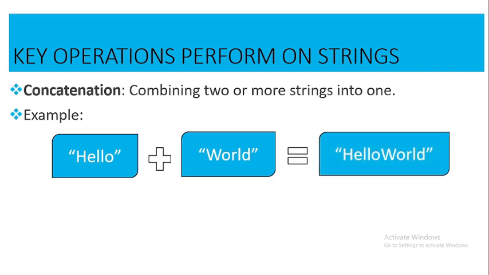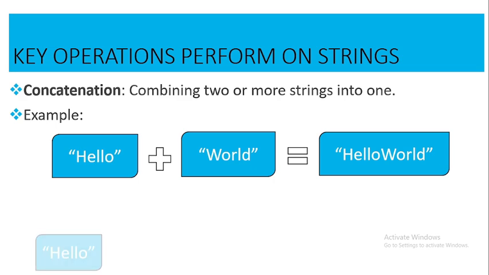So now we have hello plus world, which will give us what? Helloworld. Now someone will ask, why is it that we do not have space within the helloworld? Remember, we have said earlier on that space is also a character, and if we want space in our concatenation, then we have to add the character space to our concatenation.